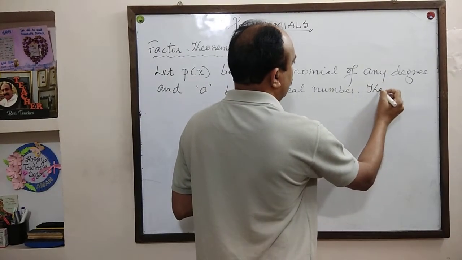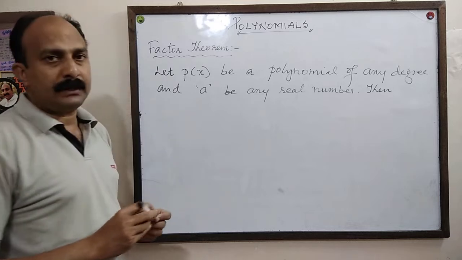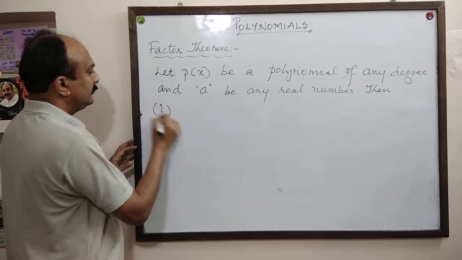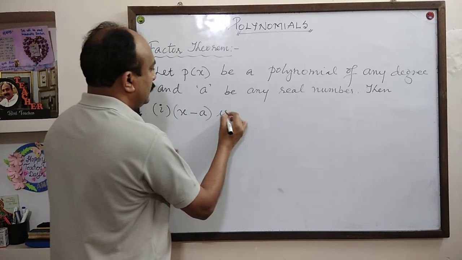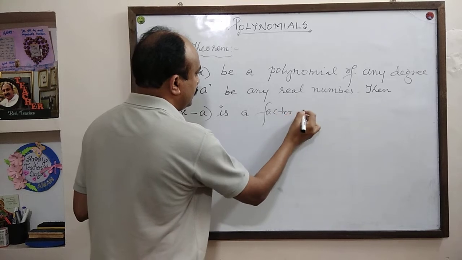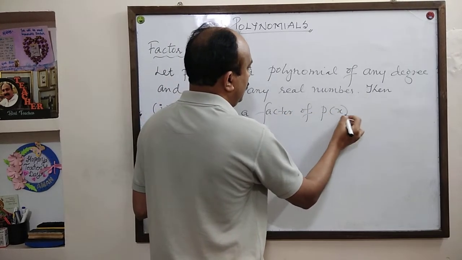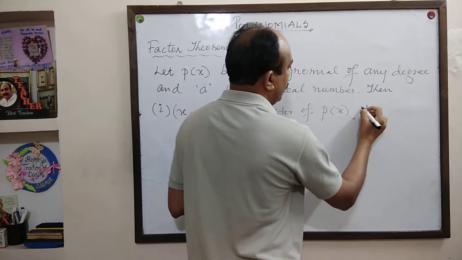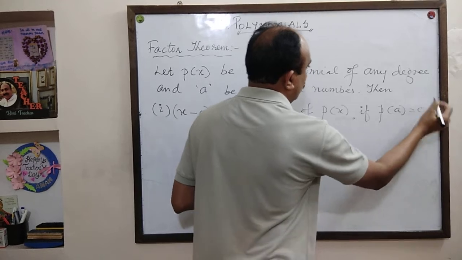Then there are two versions for factor theorem. First one, x minus a is a factor of p(x) if p(a) equal to 0.